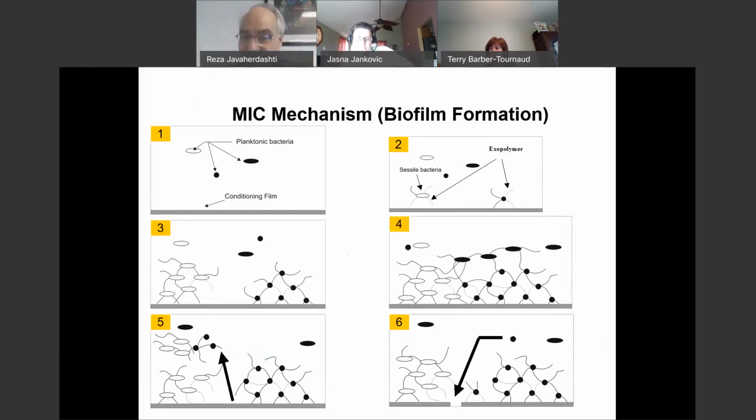So they just sit on the surfaces, as you will see in this slide. In step number 2, the bacteria become sessile bacteria, which means motionless bacteria. And when they start to attach themselves onto the surface, in step 3 and step 4, you will see that the biofilm starts to become thicker and thicker.